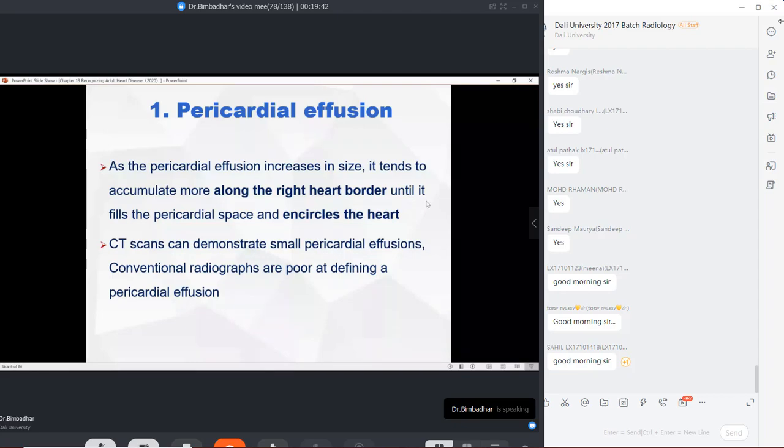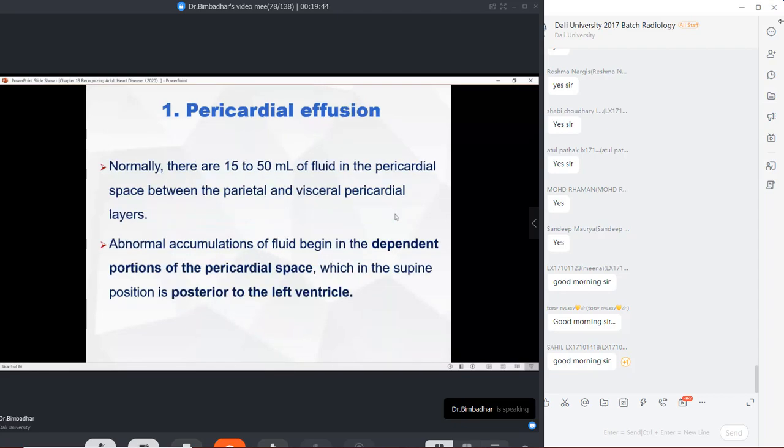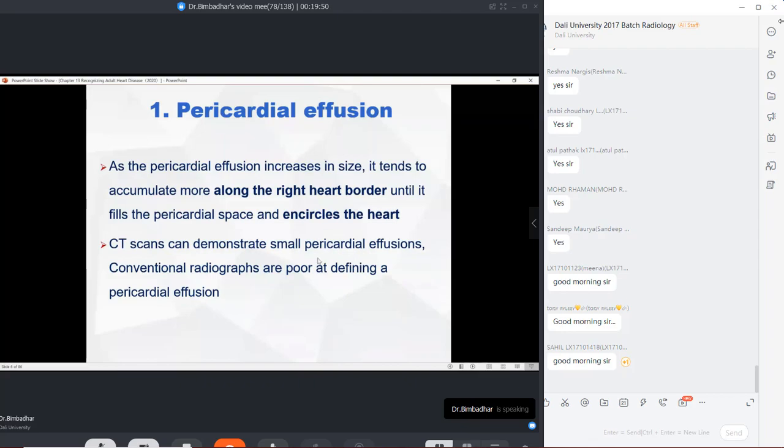So a minute pericardial effusion is posterior to the left ventricle. A massive pericardial effusion will start along the right heart border and finally encircle the heart. Remember, this is the difference.